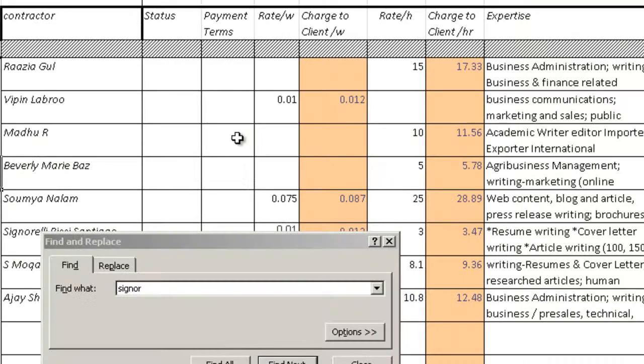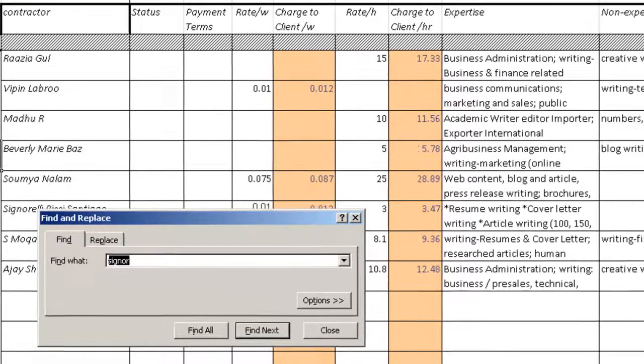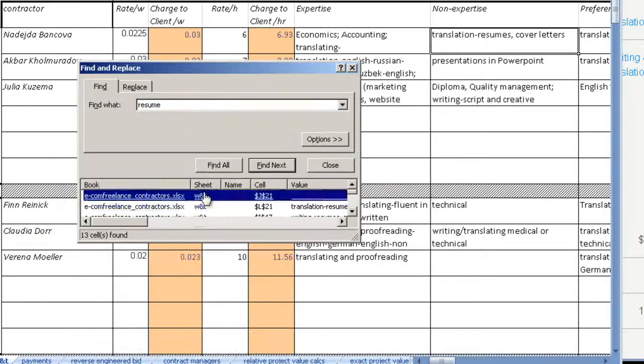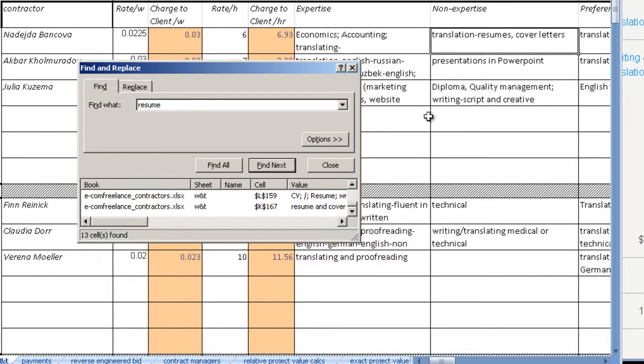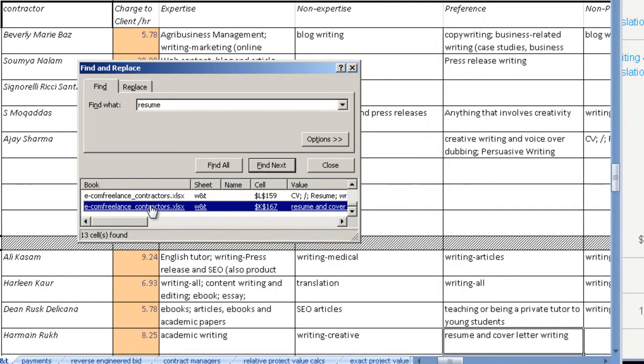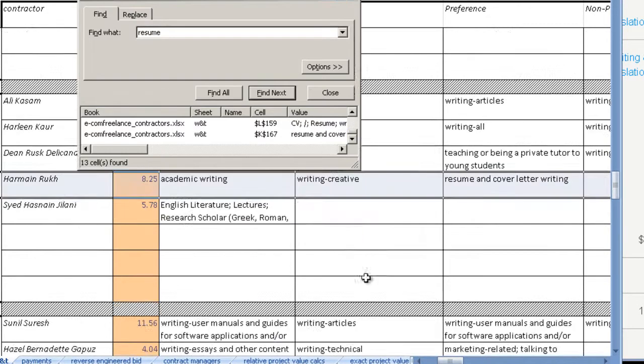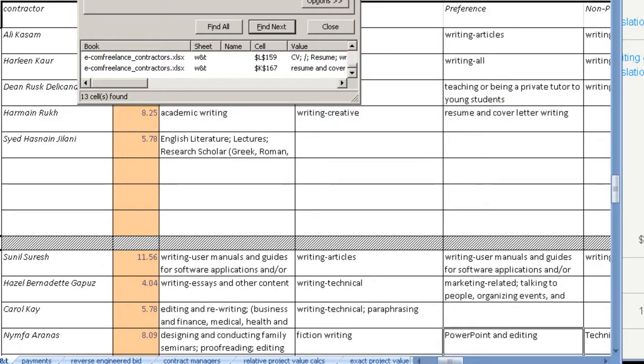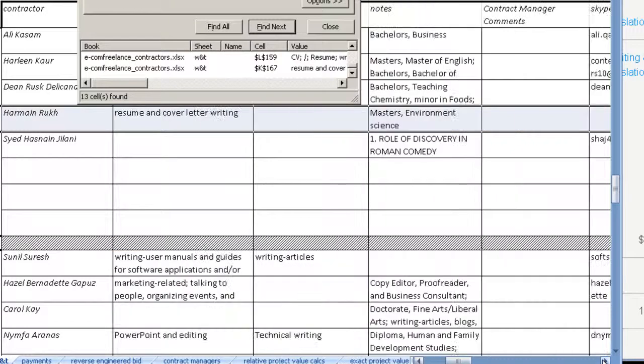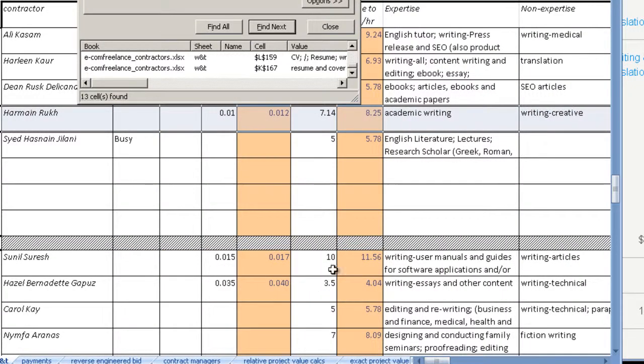It's a job for a resume, so let me look up some contractors that are good with resumes. Okay, this person, their bid is just a little bit over the amount that the client wants to pay.